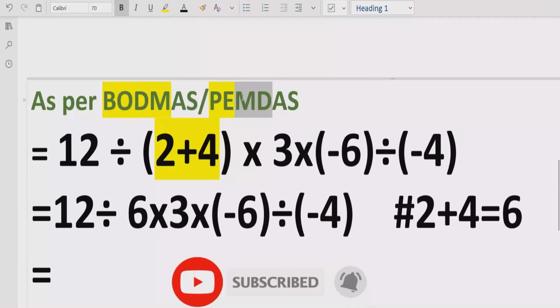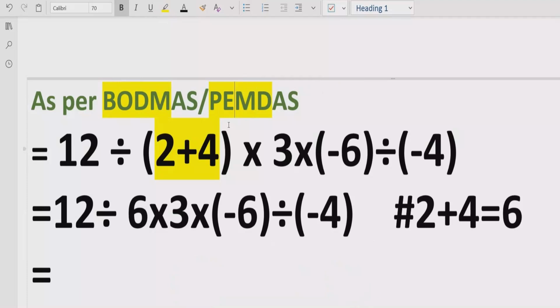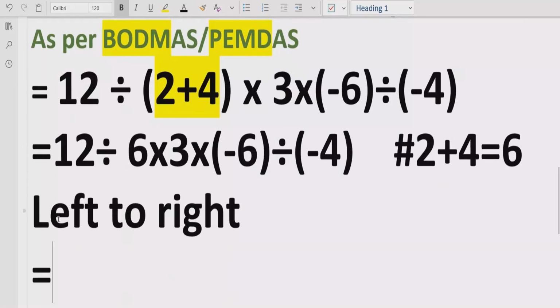Actually, both division and multiplication we can solve simultaneously. You can say we can solve in parallel because both have the same precedence. So what you have to do, we have to go first left to right and see which operation is coming.